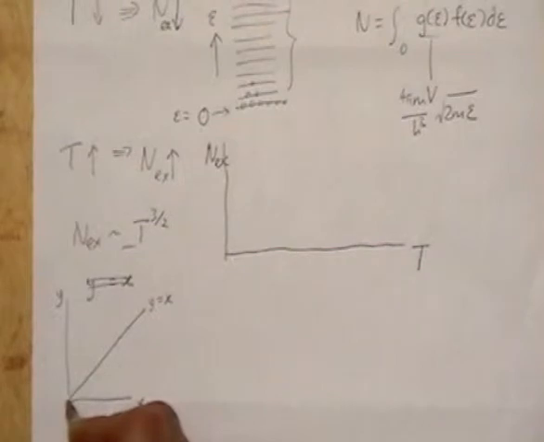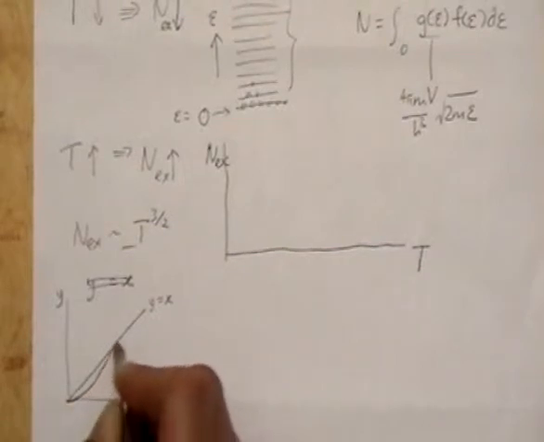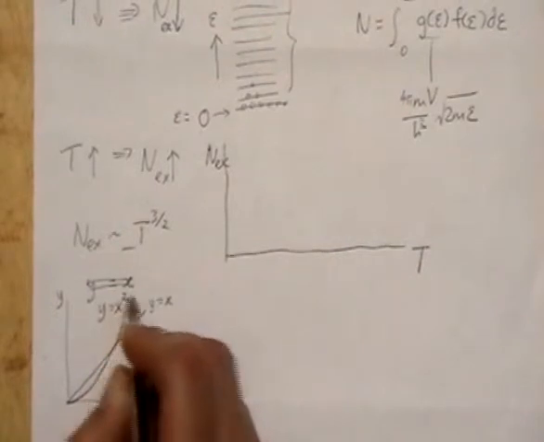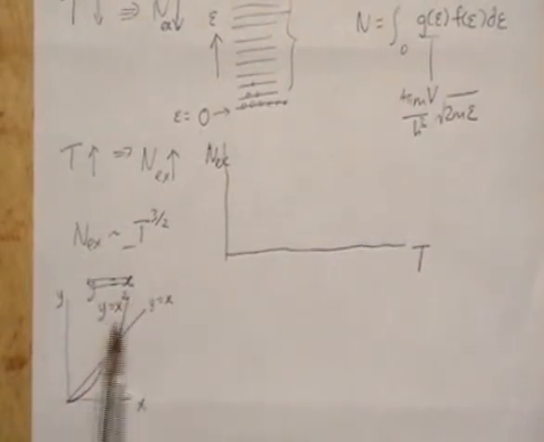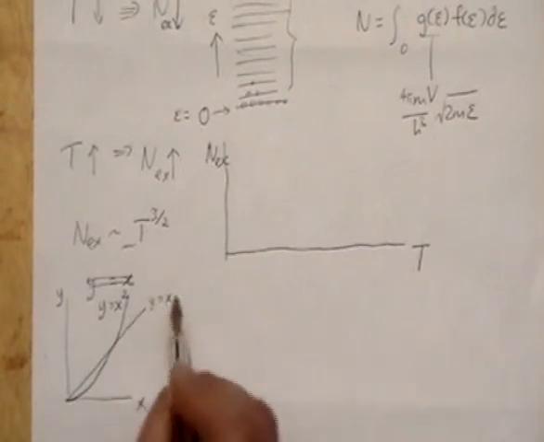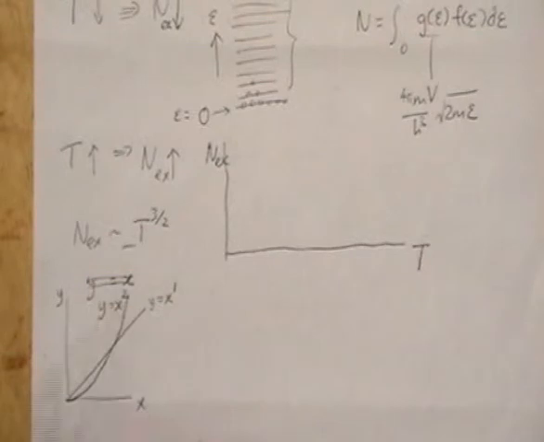We know what that looks like. It's a curve, a parabola. So that's y equals x squared. Why are we talking about y equals x and y equals x squared? Because we're interested in the power 3/2, which is in between the power of 1 and the power of 2.